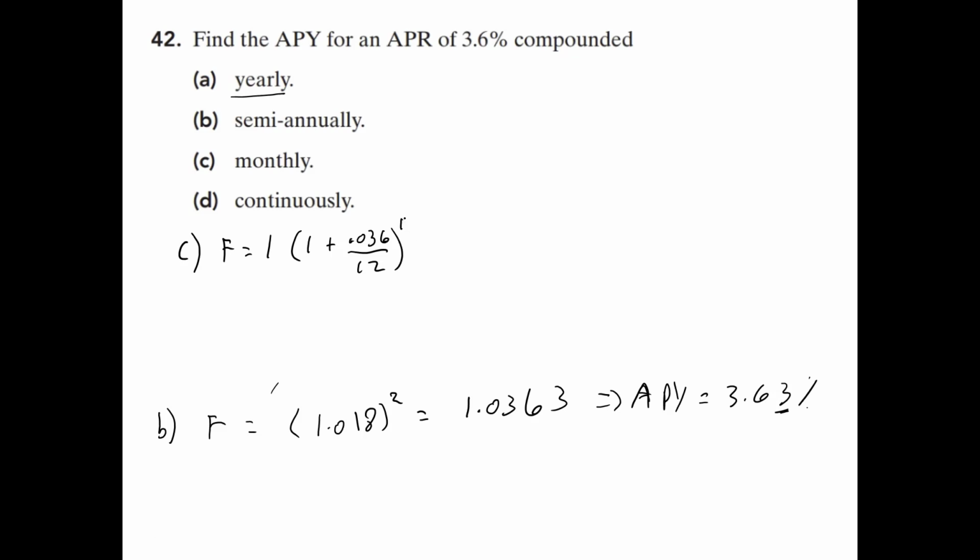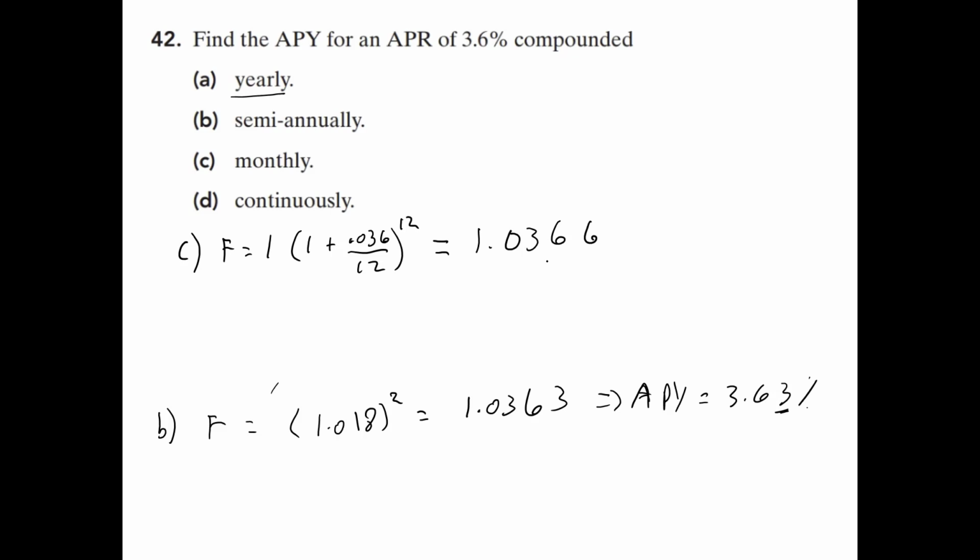After 1 year, we're going to go through 12 compoundings, so our exponent is 12. If we punch that into the calculator, 1 plus 0.036 divided by 12 raised to the 12th power, now you have 1.0366 if we round it off to there.